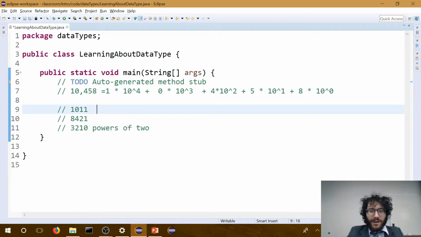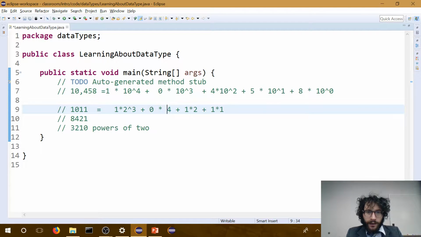So this means that this number is equal to, well, this is the 8's place, so this would be 1 times 2 to the 3rd power, which is 8, plus 0 times 2 to the 2nd power, plus 1 times 2, plus 1 times 1. 2 to the 0th power becomes 1. 2 to the 1st power becomes 2.